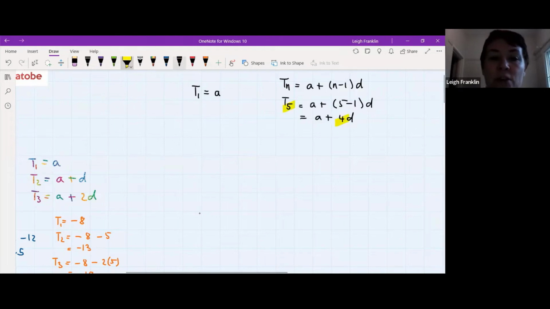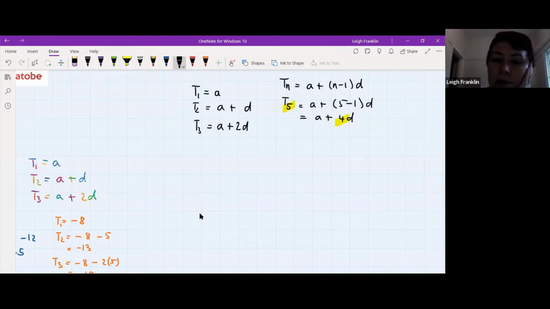So this is something that you have to learn, Renewa. Okay, term 1 is a, term 2 is a plus 1d, or just d, because when we're in matric, we don't write 1 as a coefficient anymore. Term 3 is going to be a plus 2d. Term 4 is going to be a plus 3d.